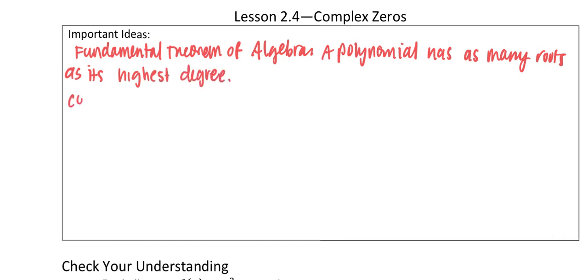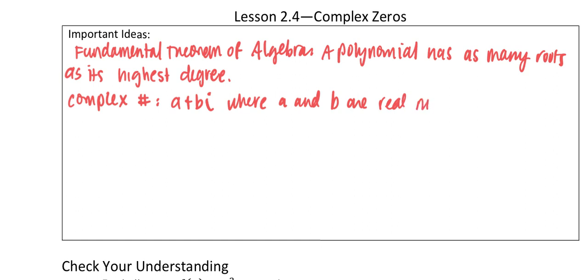Another definition is complex numbers. A complex number is when you have a plus bi, where a and b are real numbers, and i is imaginary. Oh, and the fundamental theorem of algebra up here, as many roots, it can be imaginary and real.